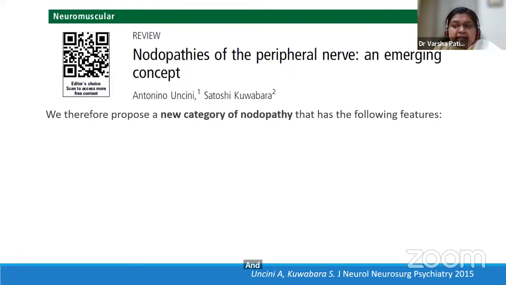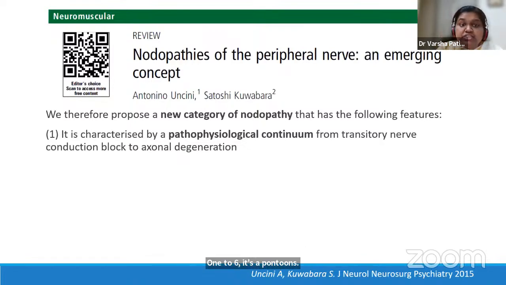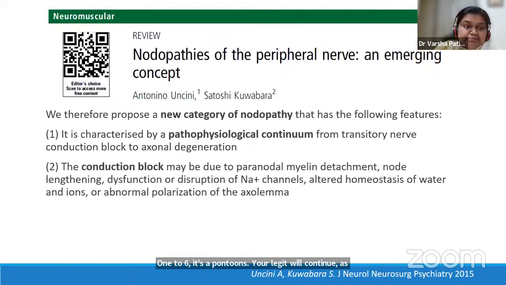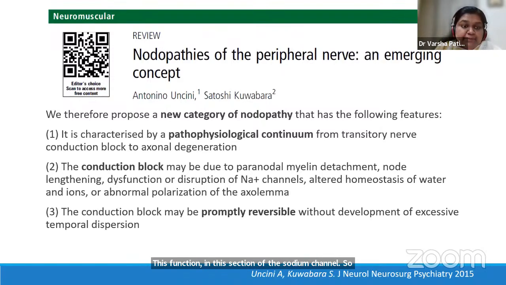Then in 2015, Uncini and Kuwabara came with this new category of nodopathy, where they said it's a pathophysiological continuum, as I said, from reversible nerve conduction block to axonal degeneration. This block is usually because of different kinds of pathophysiologic mechanisms: myelin detachment from the paranodes, lengthening of the nodes, which I'll show in a few figures later, dysfunction and disruption of the sodium channels, altered homeostasis around the nodes, and abnormal polarization of the axolemma.